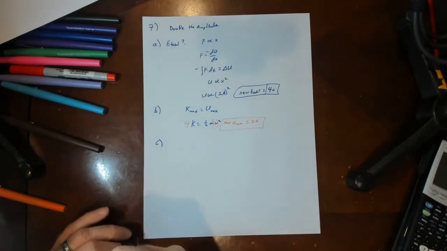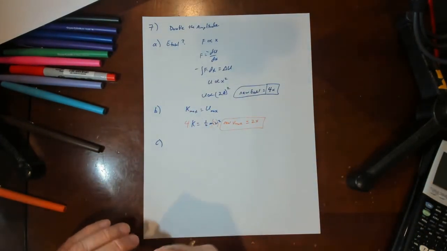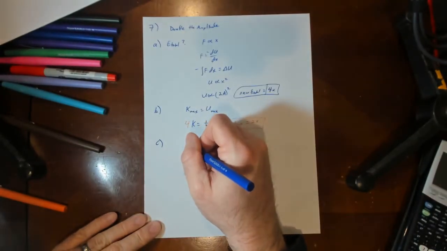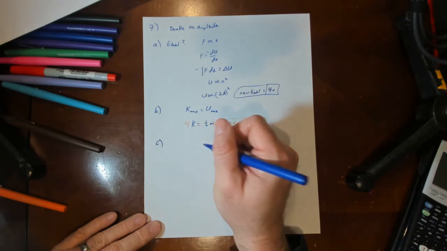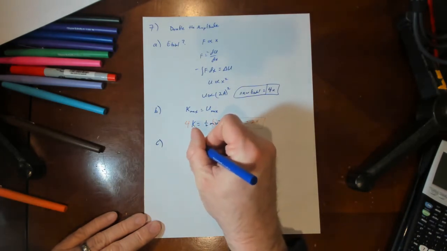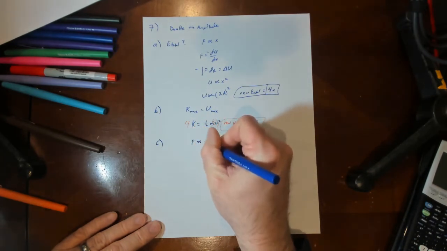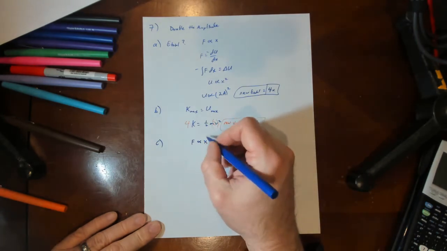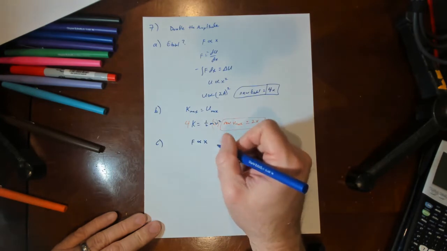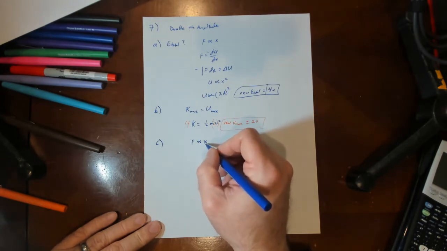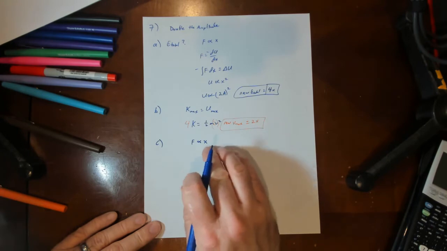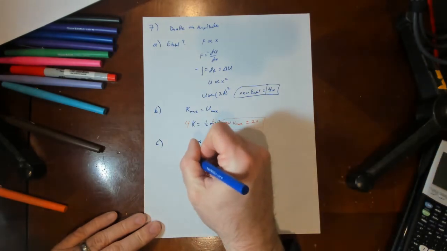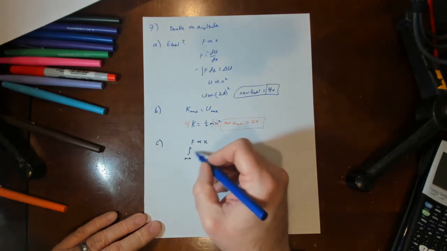Okay. Which takes us to part C. They'd like to know what doubling the amplitude would do to the maximum acceleration. And you say, well, here's what I know. I know that force is proportional to the displacement, by definition of a simple harmonic oscillator. When I'm at the amplitude, at the maximum position, that's when I have the maximum force. And since F is ma, that's when I have the max acceleration.